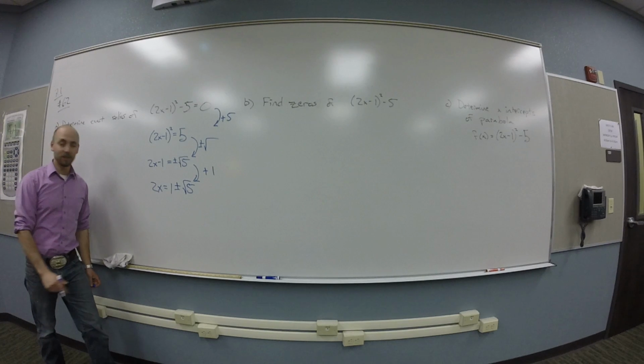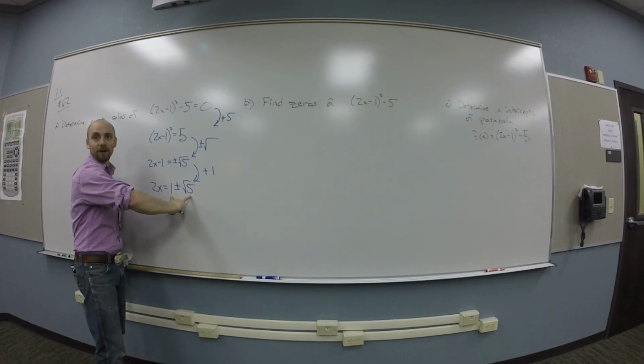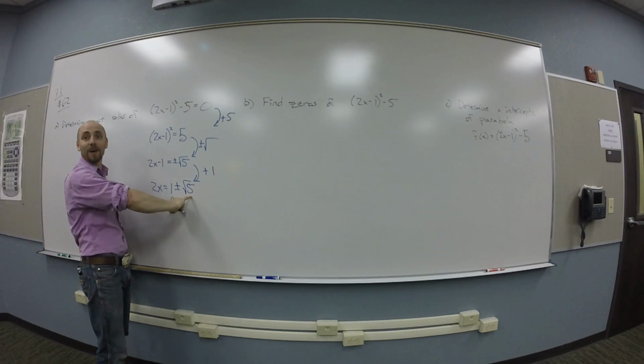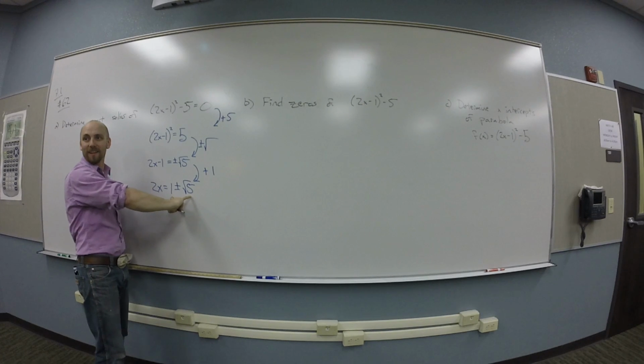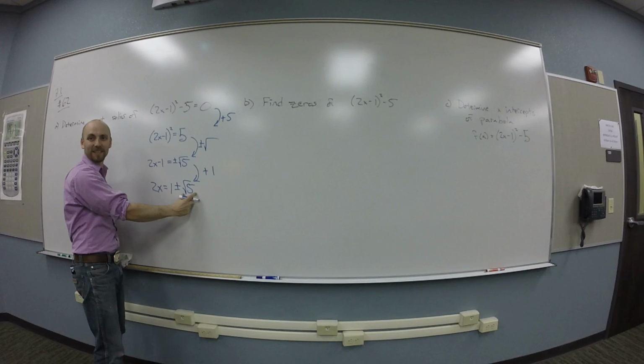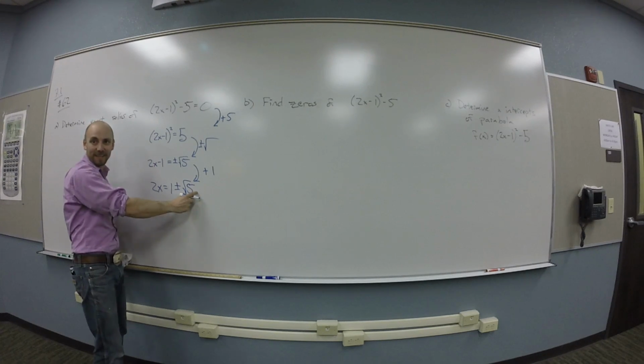Okay, and now we divide by 2. Be careful not to stick these together. The 5 and the 1 don't make a 6, because this thing's not a 5. This is the square root of 5, whatever that is.